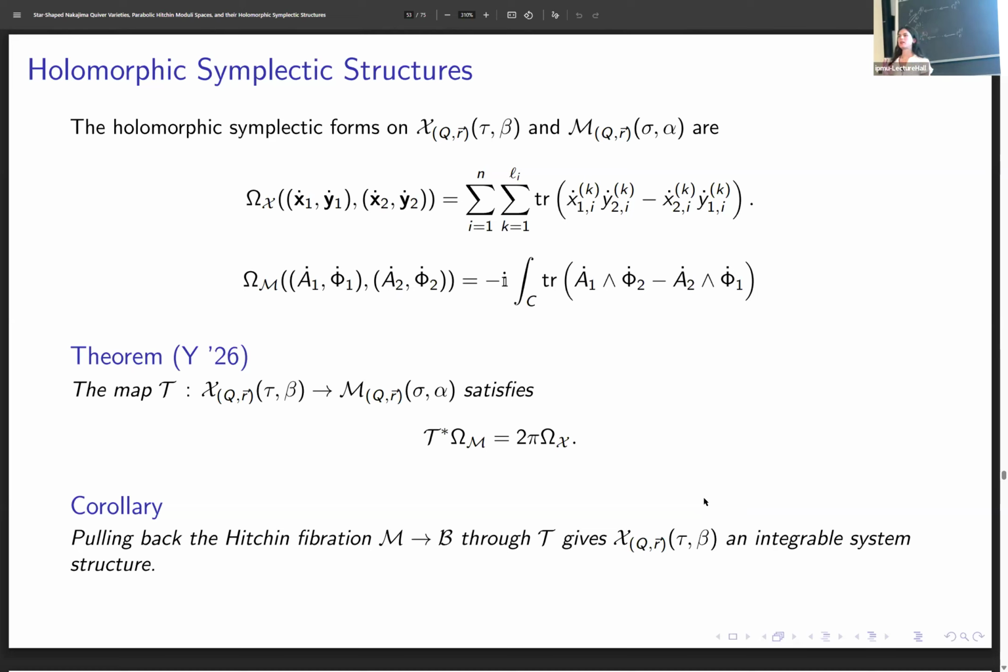And can you say what you mean by how you get the quiver variety?